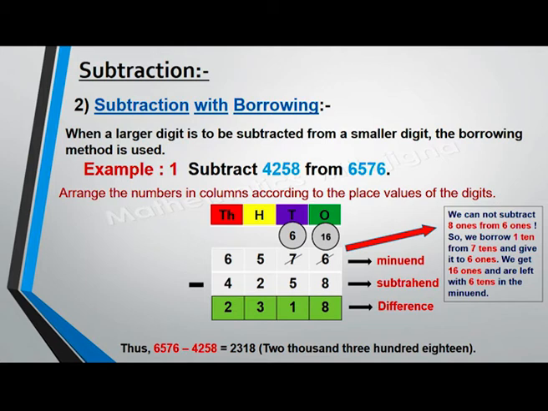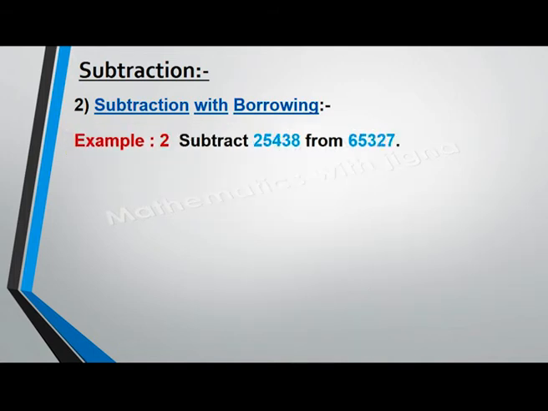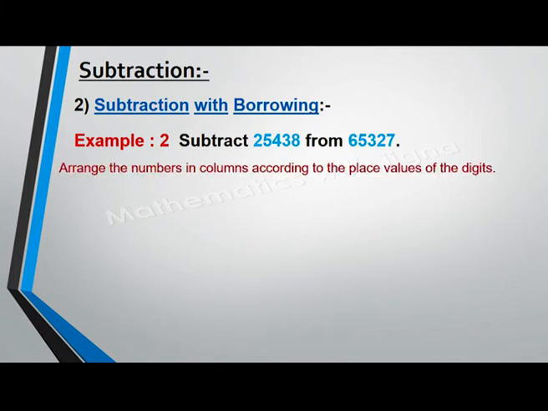2318. Now take one more example. Subtract 25,438 from 65,327. We know that first arrange the numbers in columns according to the place values of the digits.